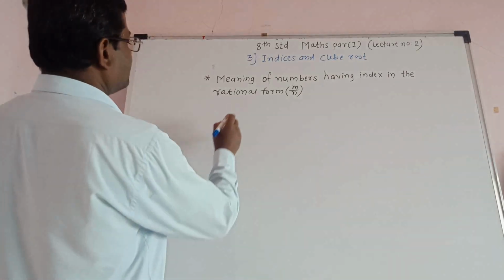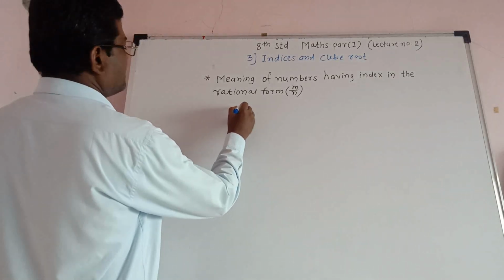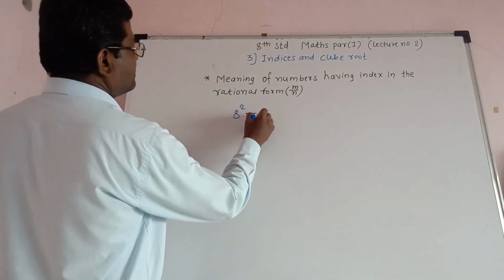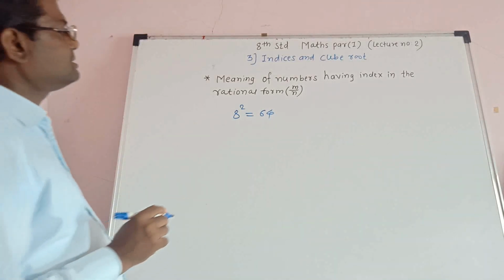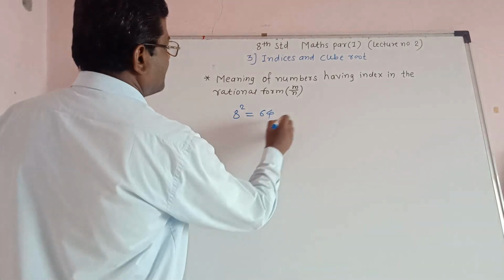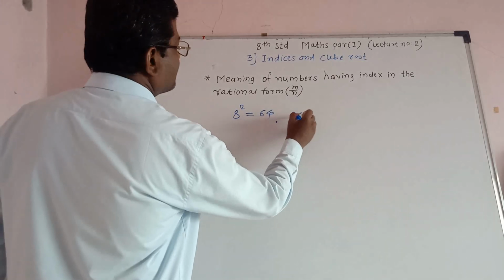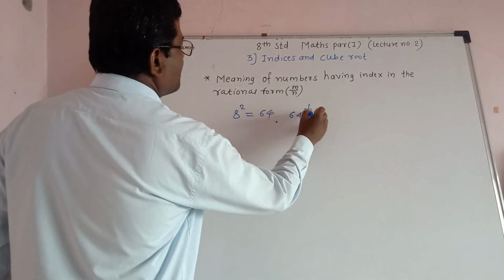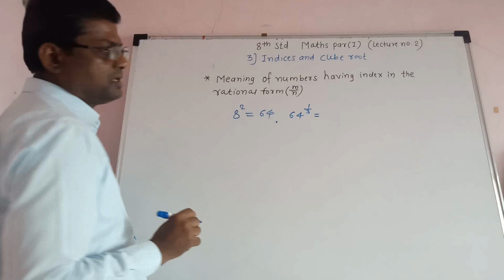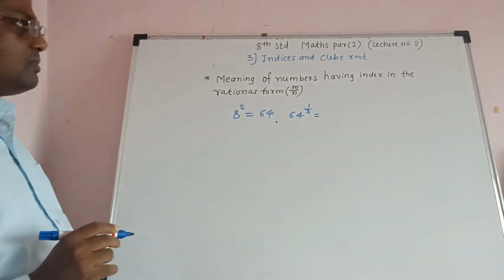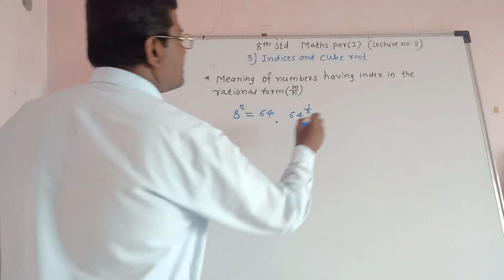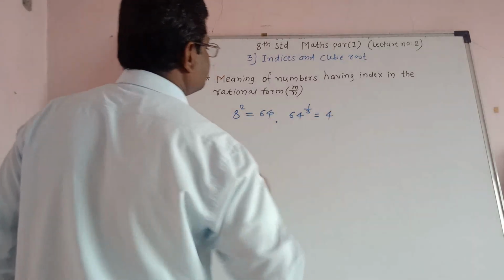We know that 8 square is equal to 64. Square of 8 is 64. And we know that 64 raised to 1 upon 3 means cube root. Cube root of 64 is 4.